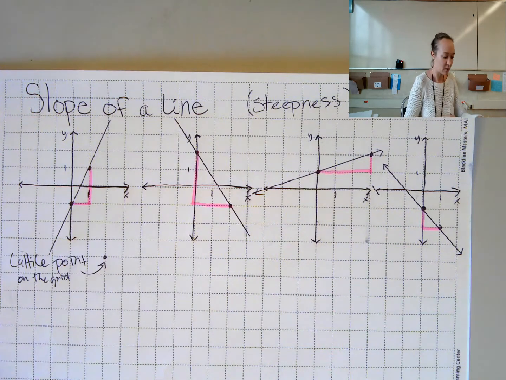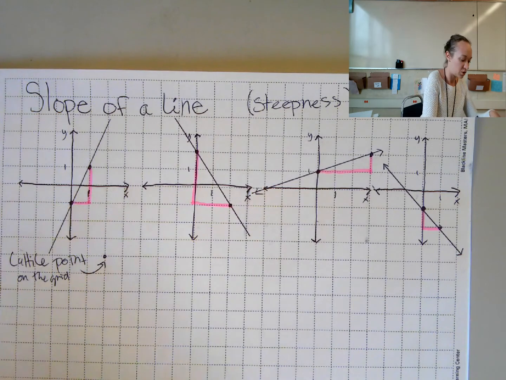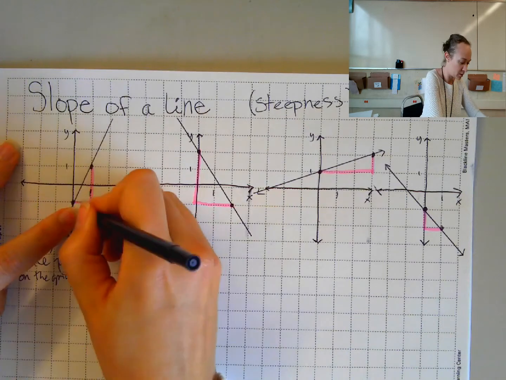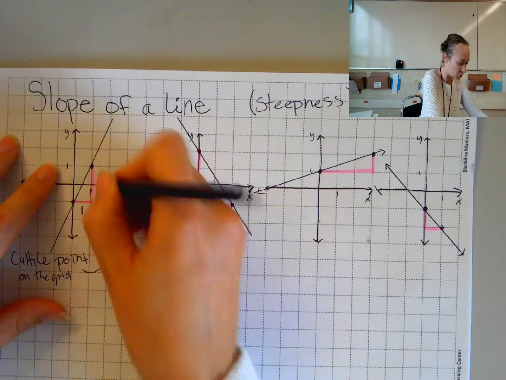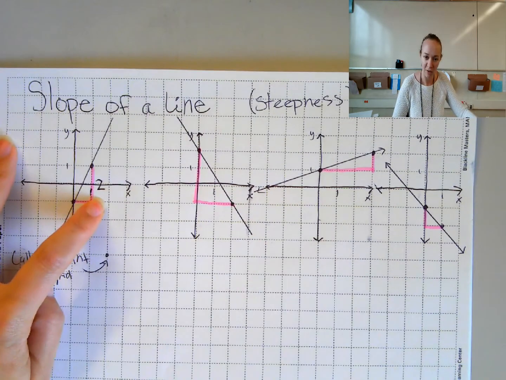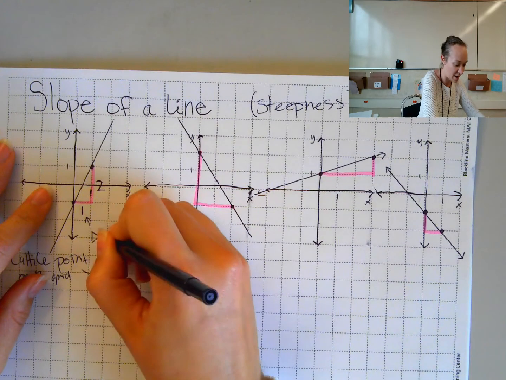Now for each one, on each graph, we're going to write down the change in the y value and the change in the x value. And so for this one, the change in the x value is 1, goes over 1, and the change in the y value is 2. And our fancy math term for that is the delta x.